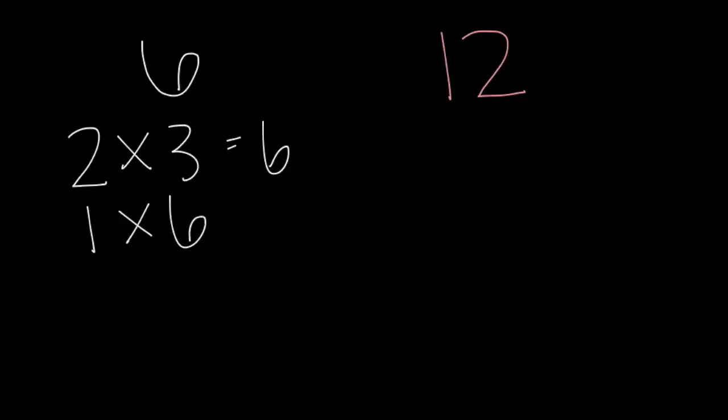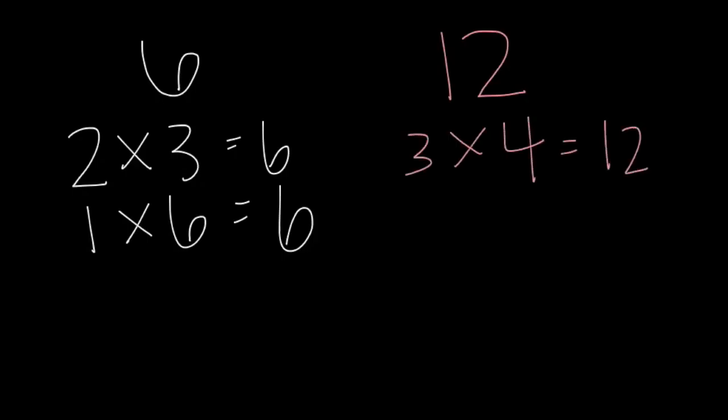Two different factors of 6 are 2 times 3, which gives us 6, and 1 times 6, which gives us 6. For 12, we have 3 times 4, 1 times 12, and 6 times 2.